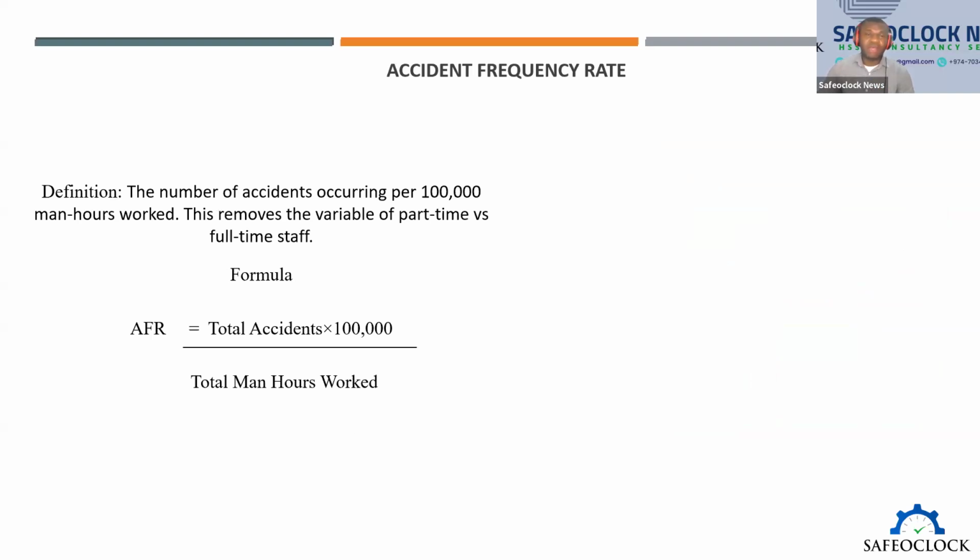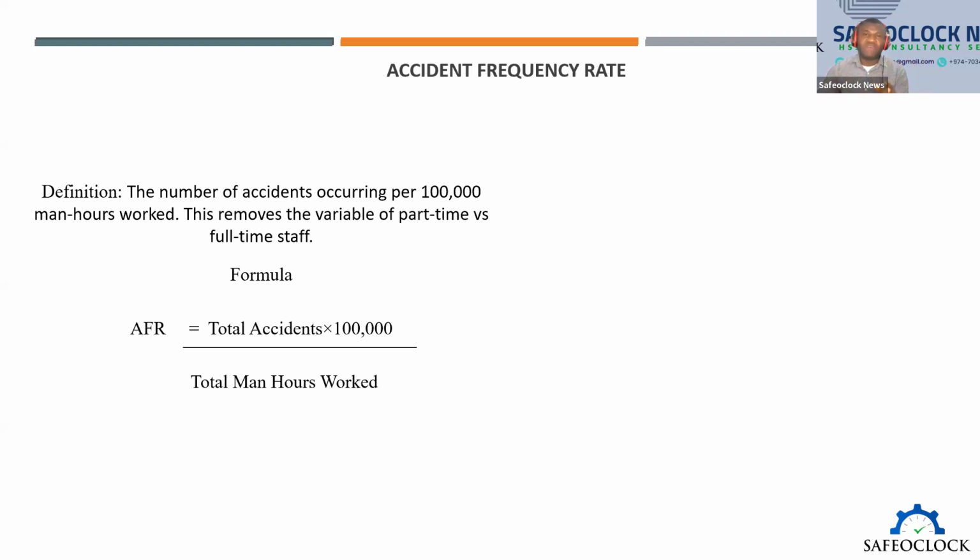So the other parameter to calculate is known as accident frequency rate. This is the number of accidents occurring per 100,000 man-hours worked. This is majorly focusing on the number of accidents based on how often you have done the job, based on the number of hours you have covered in doing the job.